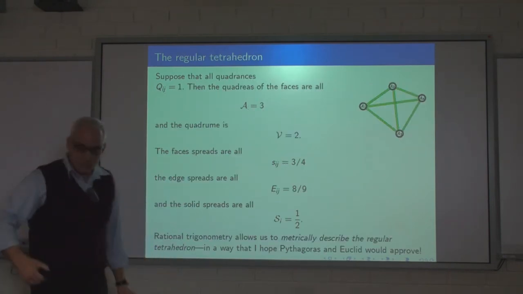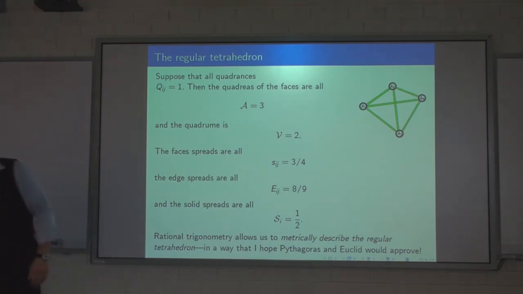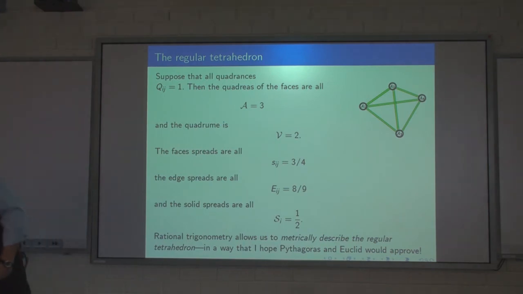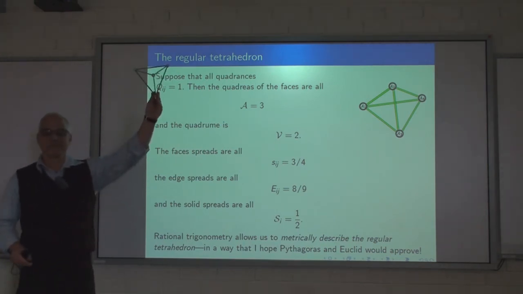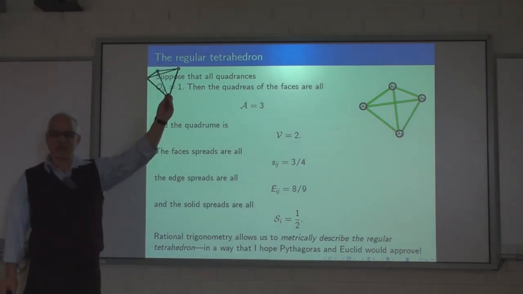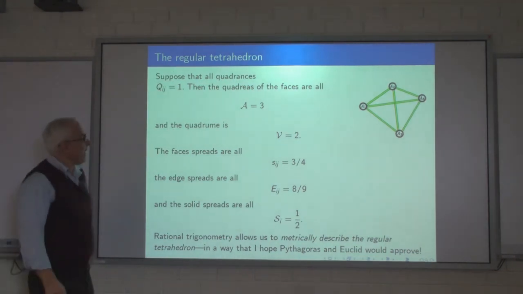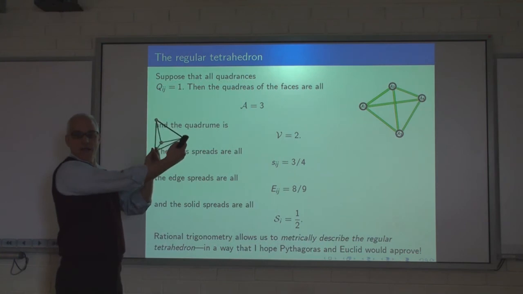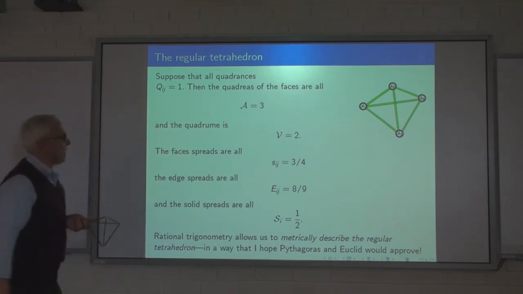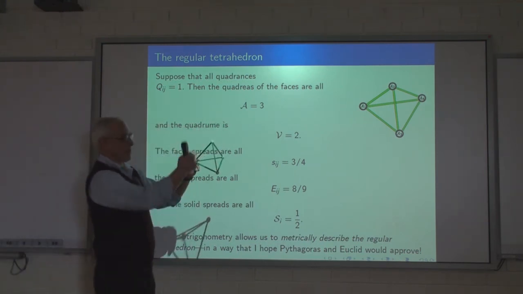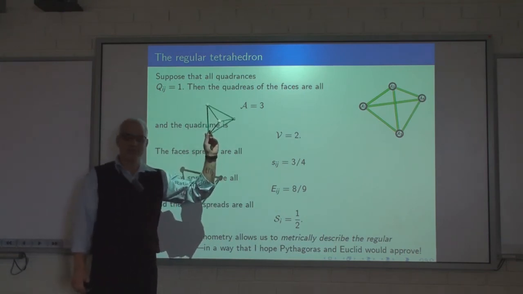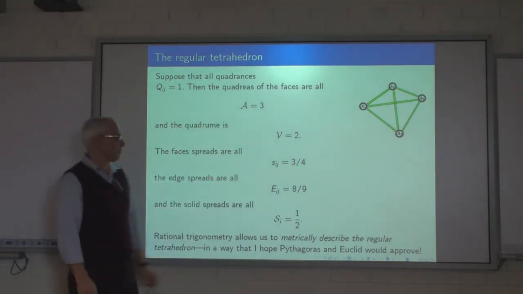And finally, going back to Archimedes and Plato, the humble regular tetrahedron, which you can make with Zome using the green struts. If we assume that each quadrance is 1, then the quadrances of all the faces are 3. That's just an equilateral triangle. The quadrume is 2. It was 4 for the previous one.